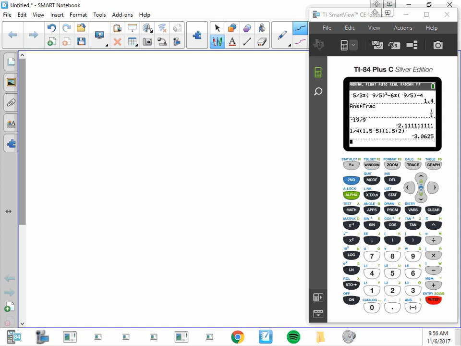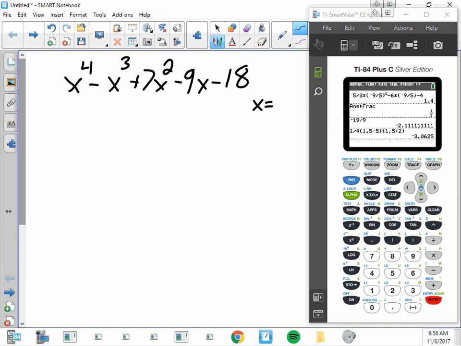Number 24 on page 304 says x to the fourth minus x to the third plus 7x squared minus 9x minus 18. And it tells me that x equals 3i. And I am supposed to find all the roots and write the polynomial as a product of linear factors.